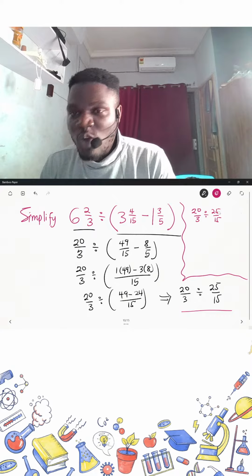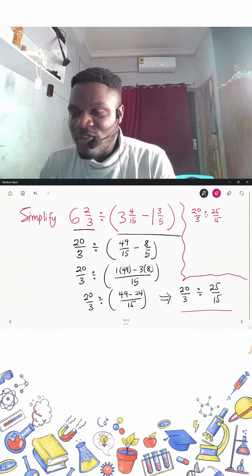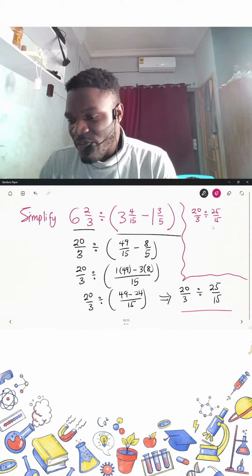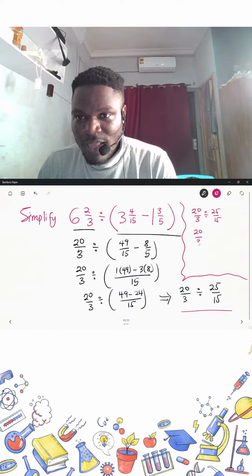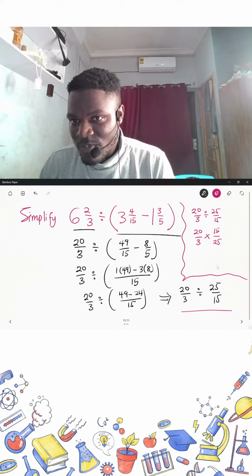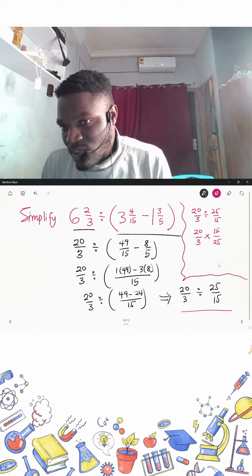From here, all we have to do is change the division to multiplication, and reverse the 25 over 15. So we have 20 over 3 multiplied by 15 over 25, the 15 now comes to the top, and the 25 comes to the bottom. So from here, we can cancel now, or we just multiply to get our answer.